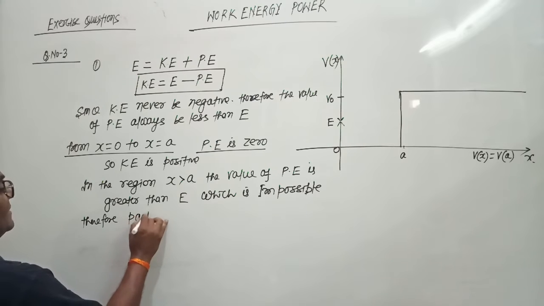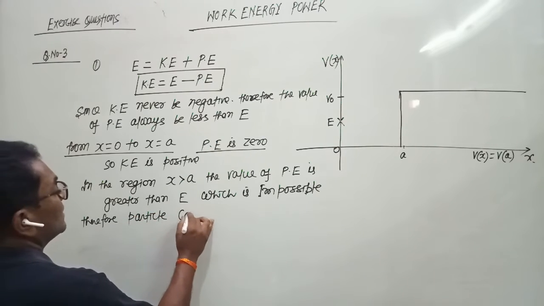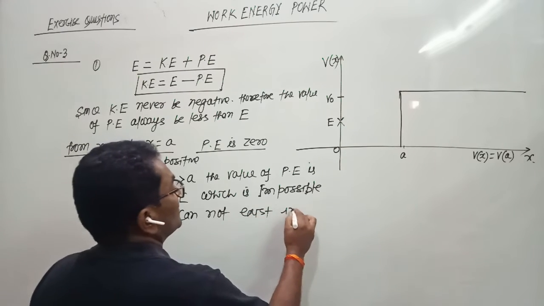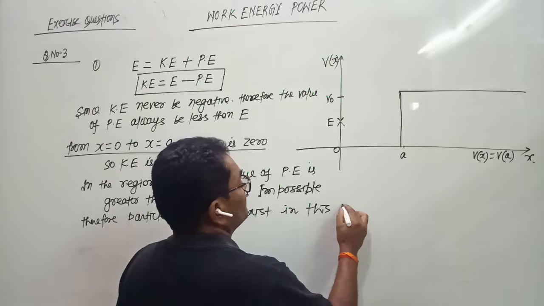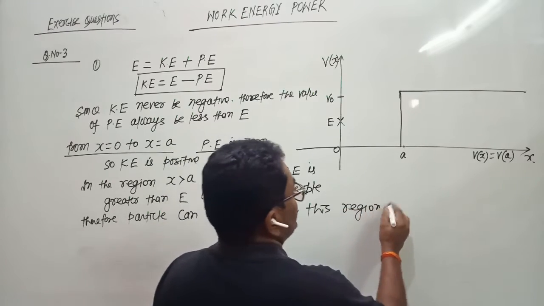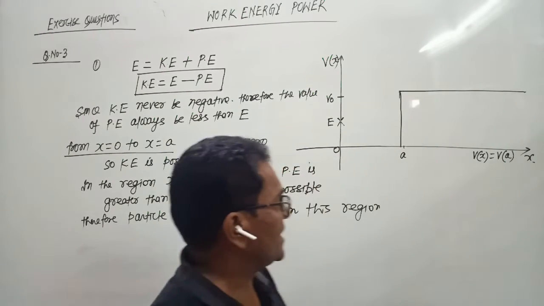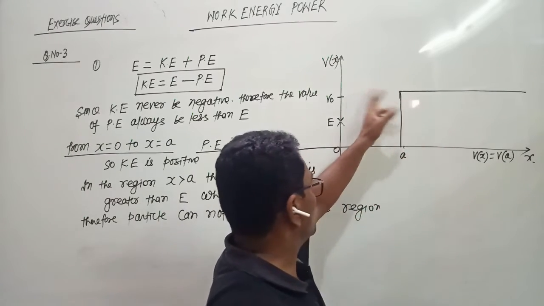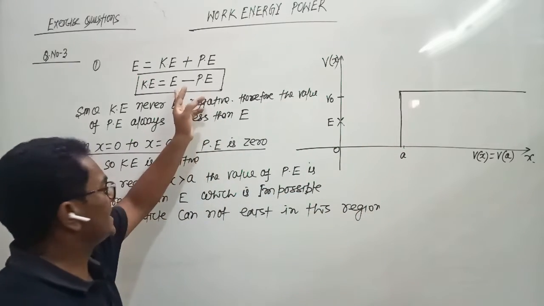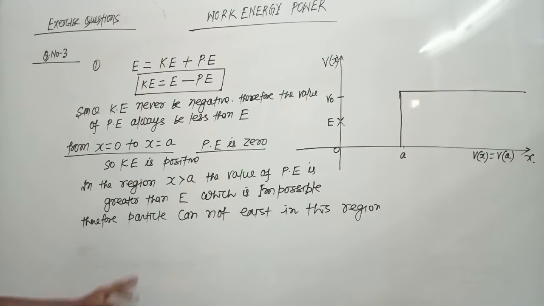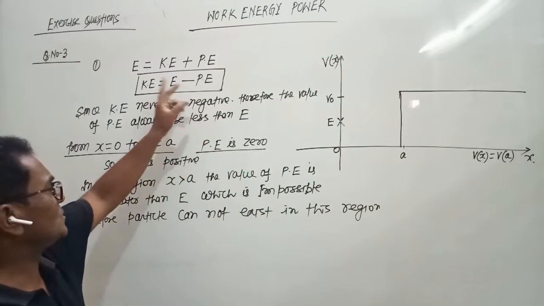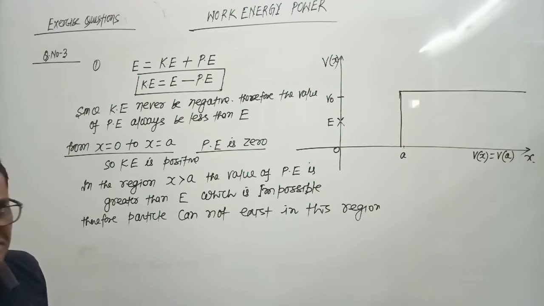Therefore, the particle cannot exist in this region. Means in the region x greater than a, the particle cannot exist because potential energy is greater than total energy, and that is not possible, because when potential energy becomes greater than the total energy, kinetic energy becomes negative, which is not possible.